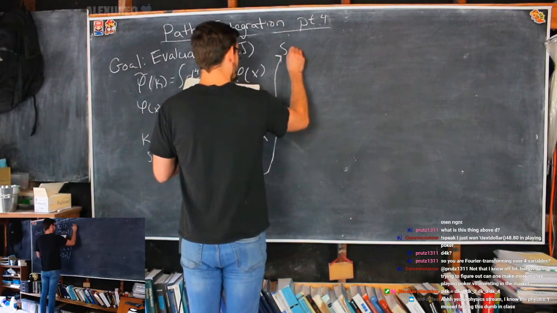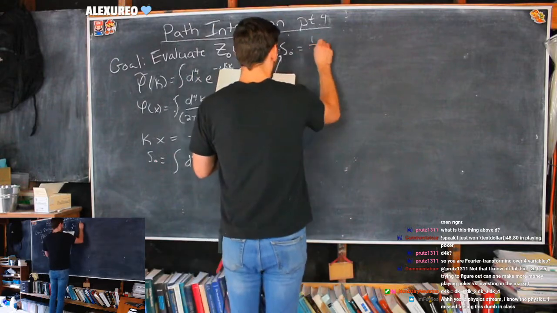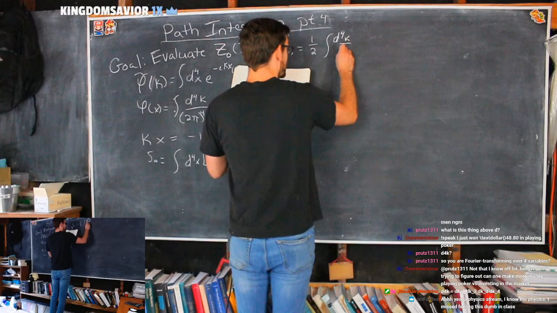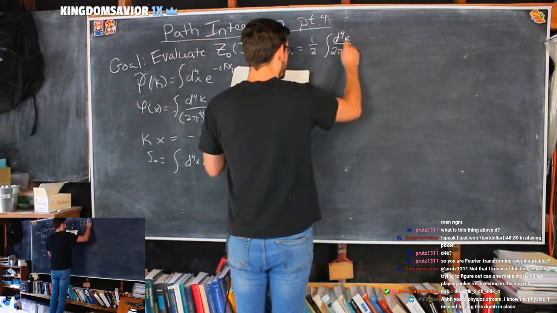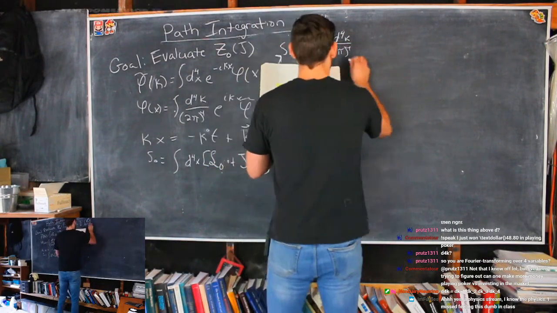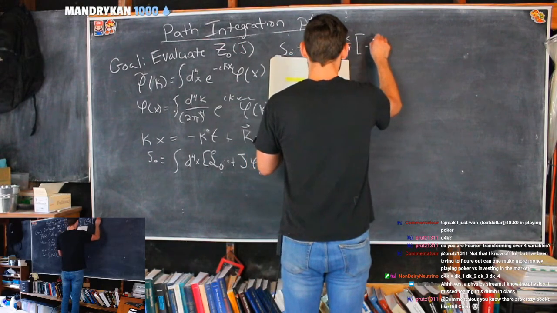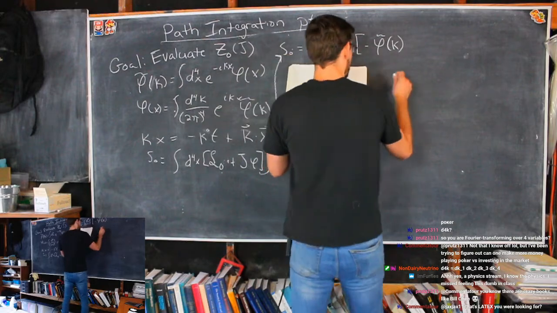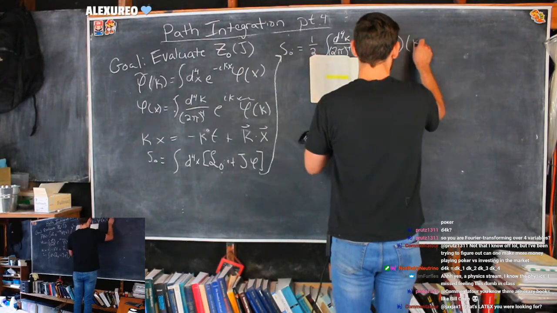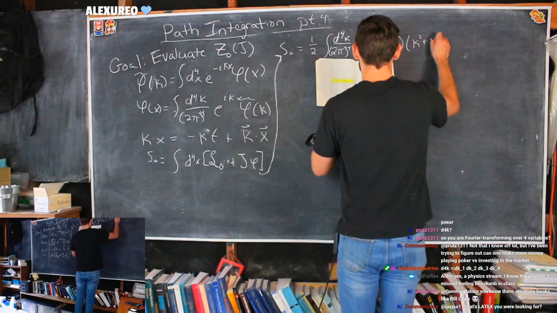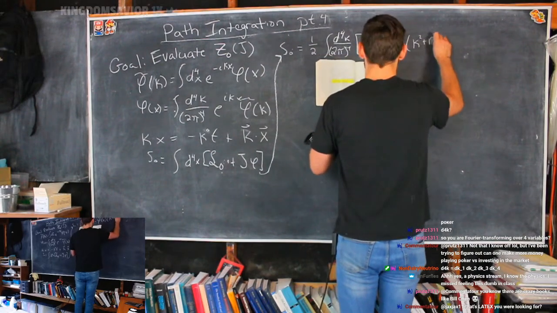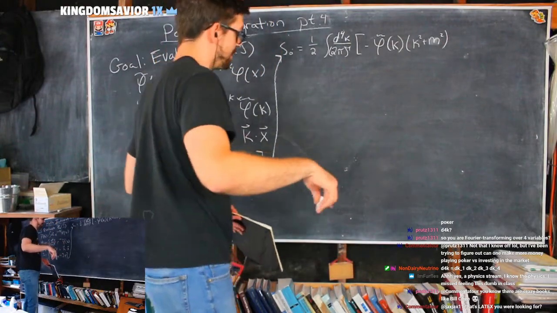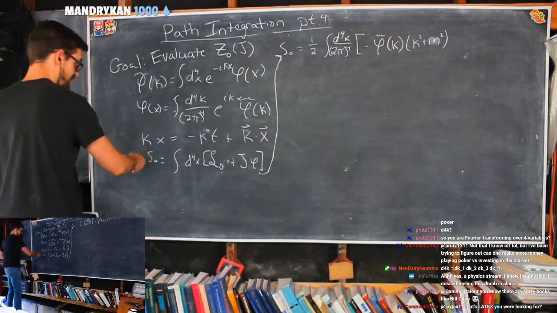We're going to get a new action that is 1/2 times the integral of d4k over 2 pi to the 4th, times minus squiggly phi times k squared plus m squared. And probably the best way to think of squiggly phi is that it's a field, but in the coordinates of our new k.